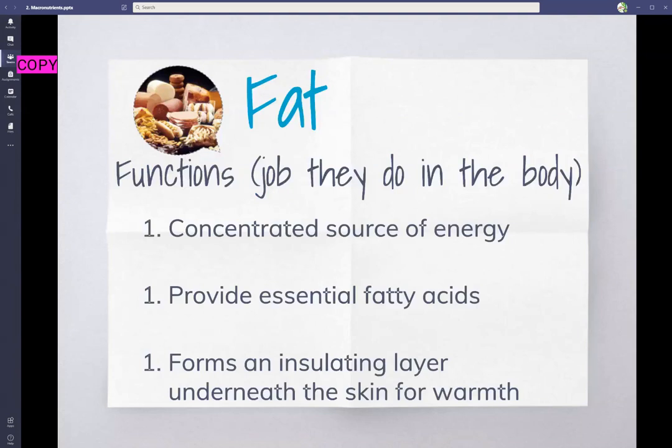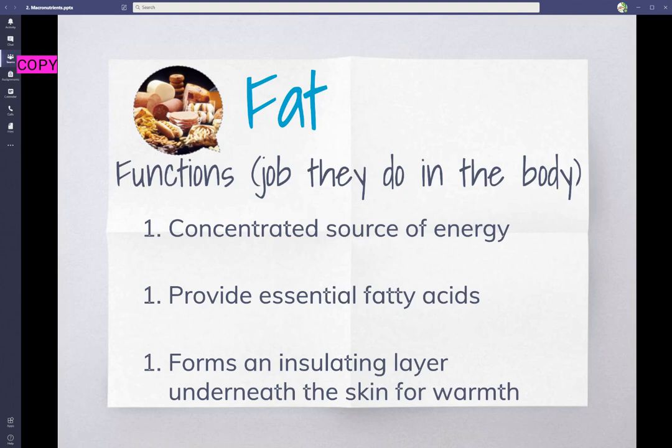So, the function of fats in our bodies is to provide us with a concentrated source of energy, as well as providing us with essential fatty acids. Essential fatty acids are something that our bodies cannot make. These are something that we have to get from the foods that we eat in our diet.